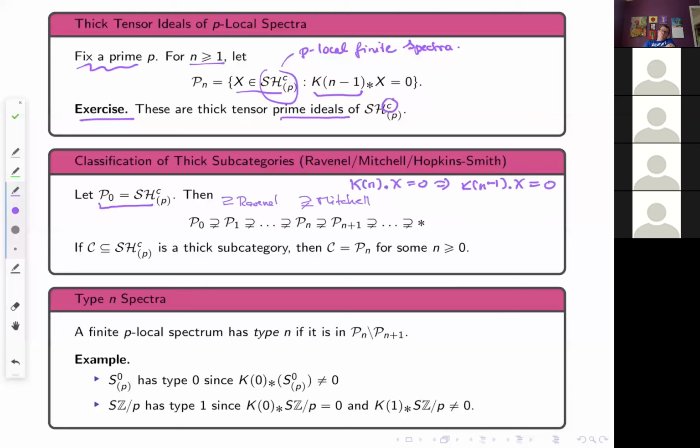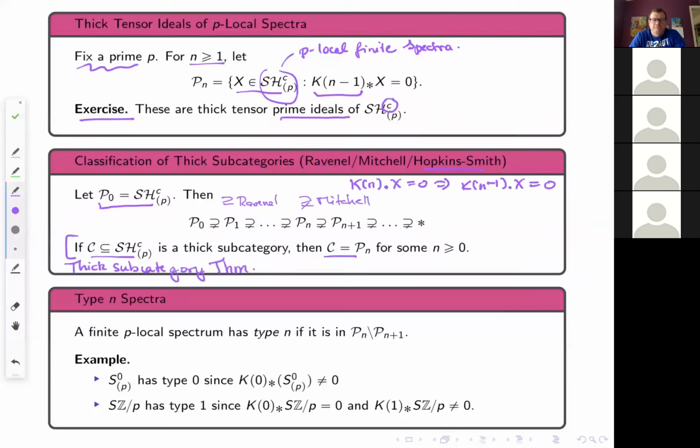And the part that's Hopkins and Smith is the big theorem. It's this sentence, and that's called the thick subcategory theorem. It says that if you have a thick subcategory of p-local finite spectra, then it's one of these that was on your list. So it completely classifies the thick subcategories of p-local finite spectra.